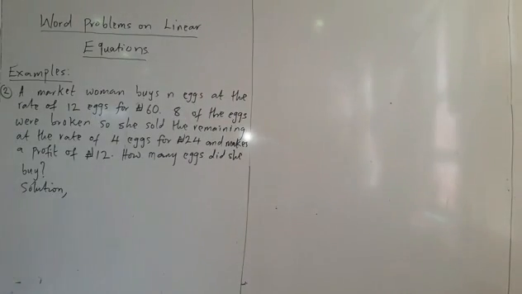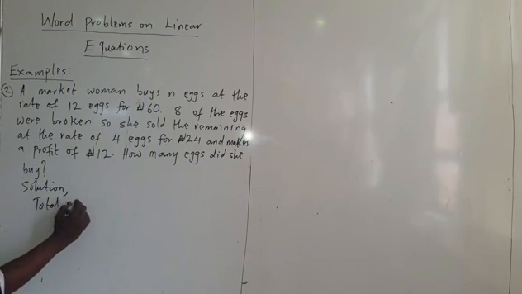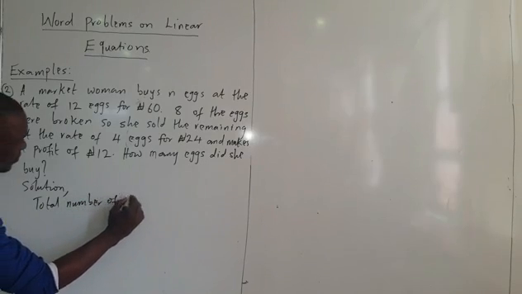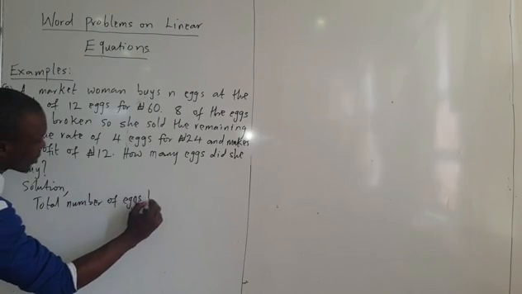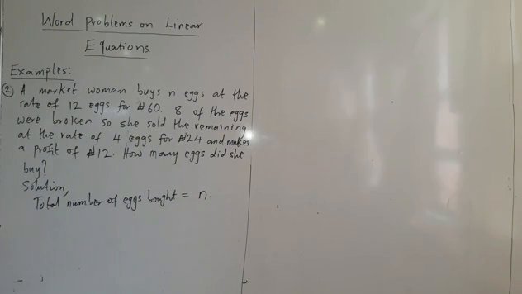To solve this question, just like example number 1, we need to interpret. The first thing to do is look for the total number of eggs. So the total number of eggs bought equals n.